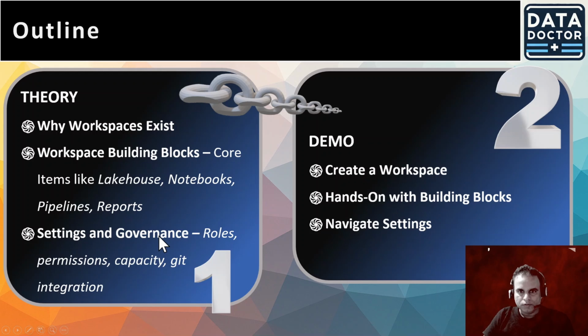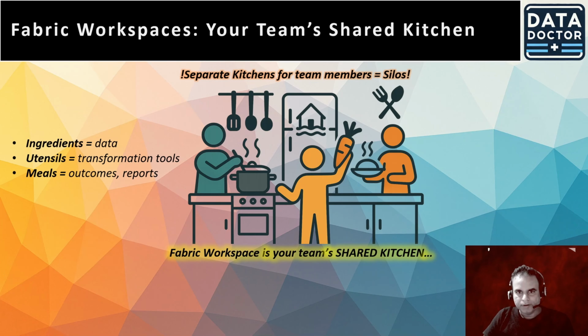So let's move to our first slide, where we want to understand why a Fabric Workspace exists. I like to take an analogy of a kitchen. Suppose that we have different chefs, and these chefs are experts in preparing different kinds of meals. We can have two scenarios.